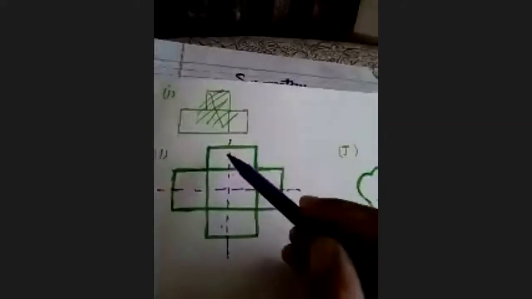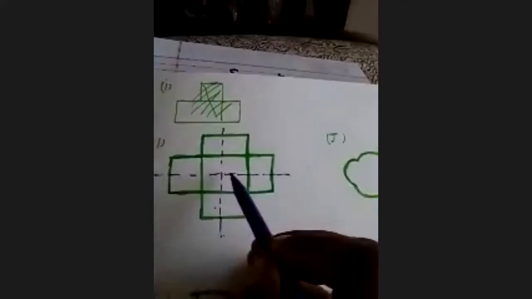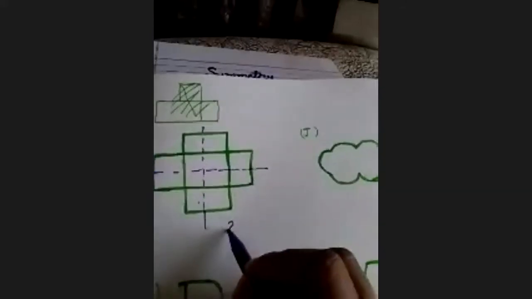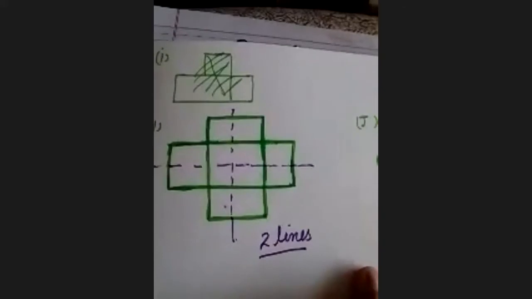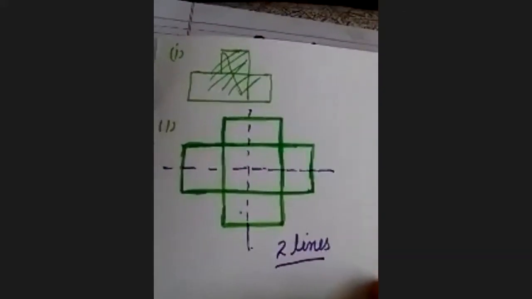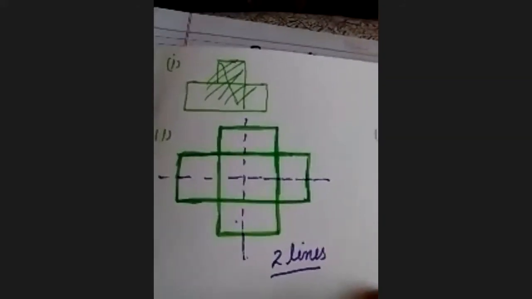So students, this figure has 2 lines of symmetry, 1 and 2. 2 lines of symmetry. Clear students? Now next, divide this figure into 2 equal parts. One line of symmetry.